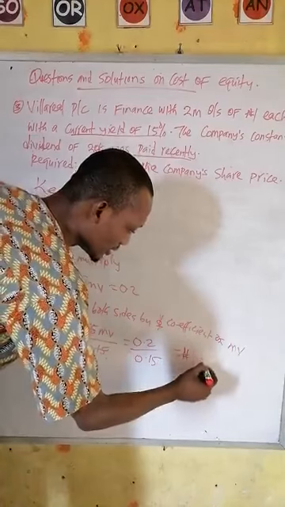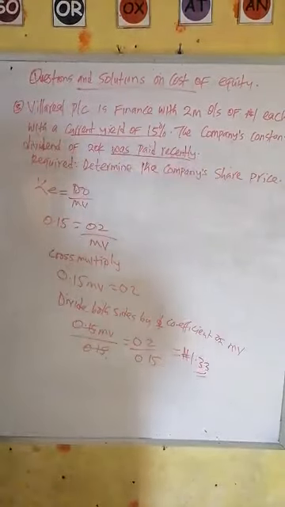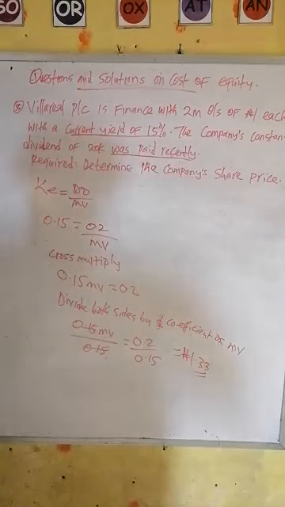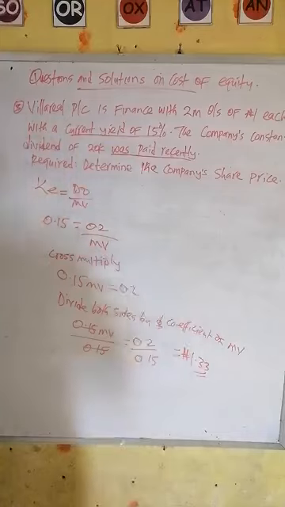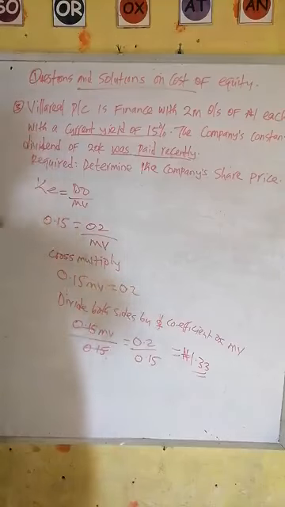So 1 naira 0.33. That's our market value. Now guys, that is one of the solutions to the question on cost of equity, from which we compute our market value.